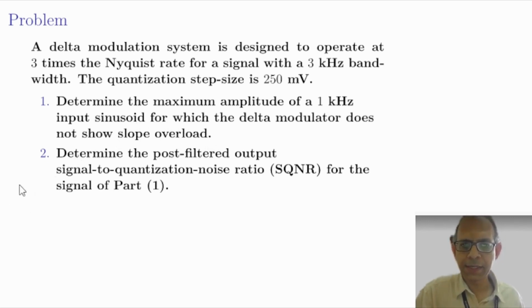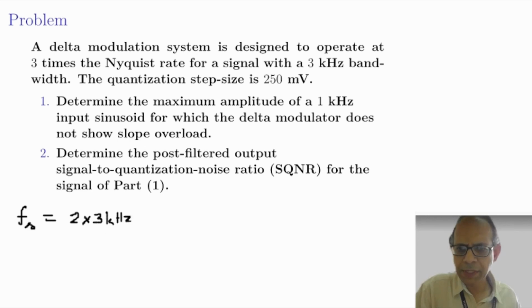So let us write what is given. The sampling rate Fs is equal to 3 times the Nyquist rate for a signal with 3 kHz bandwidth. So a signal with 3 kHz bandwidth will have a Nyquist rate of 2 times 3 kHz. This is the Nyquist rate for a 3 kHz signal, and 3 times of it is the sampling rate.